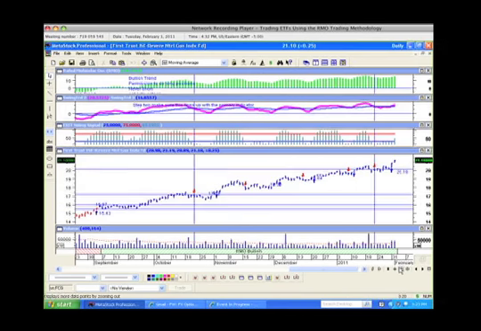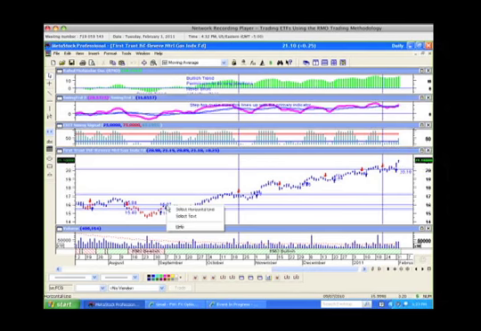We got in at about 15. We've made just about as much money as we can off of that move, I'd say. Eventually, one of two things is going to happen to get us out of that particular trade. We're either going to go all bearish, and in that case, we'd want to get out of the position. But more likely, what's going to happen is we're going to move up our stop loss, and we're going to stop out for a gain on this particular stock.